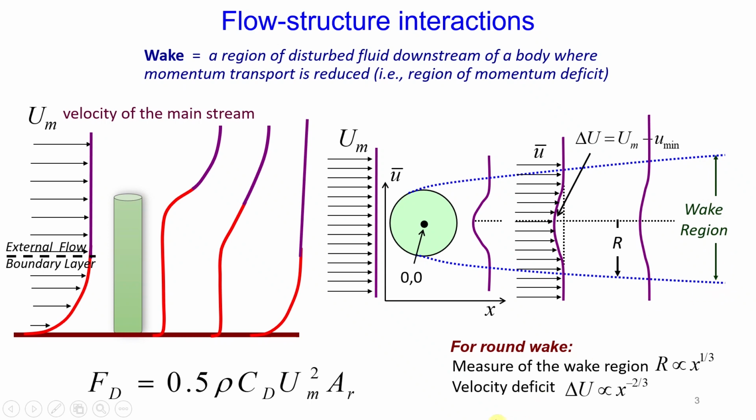Also the velocity deficit, which is delta U, or the difference between mainstream velocity minus minimum velocity observed immediately behind the structure, is approximately proportional to x to the power -2/3. So the further away you move downstream from the structure, delta U becomes negligible.